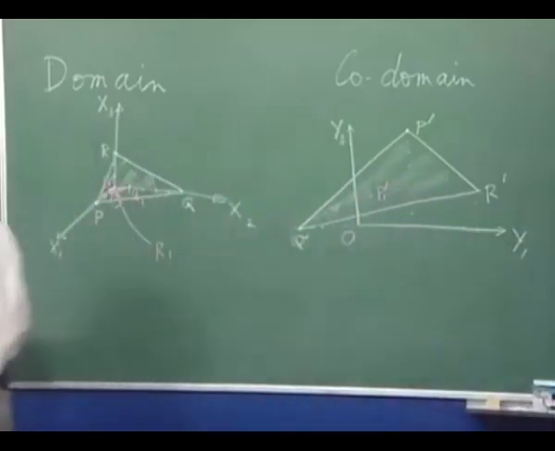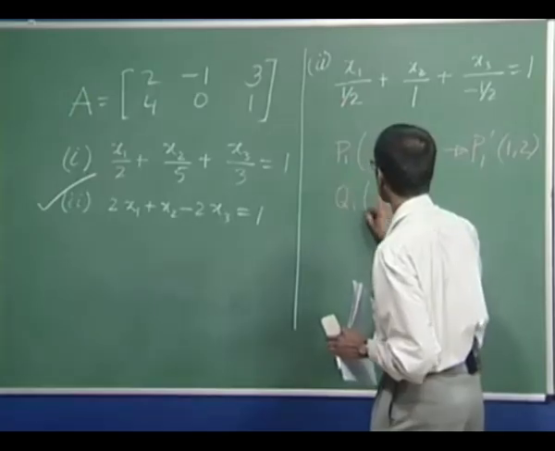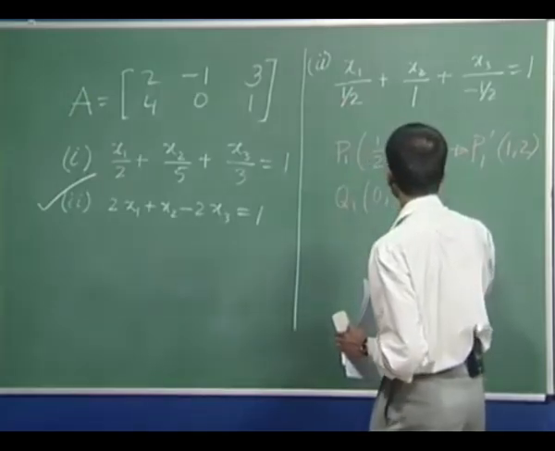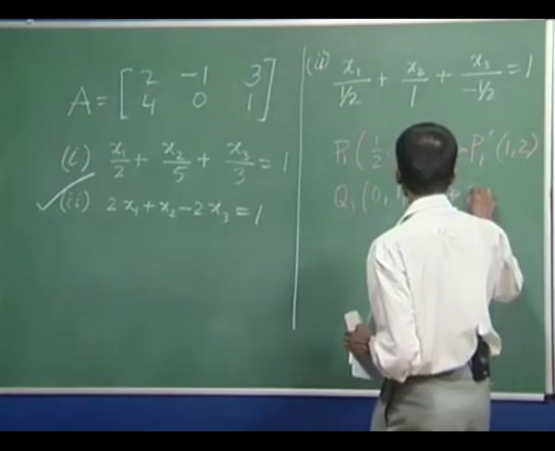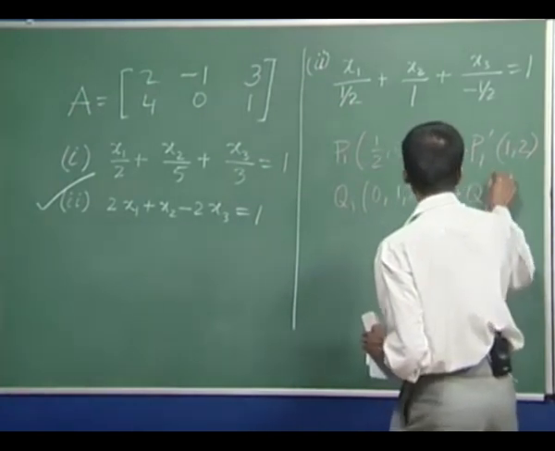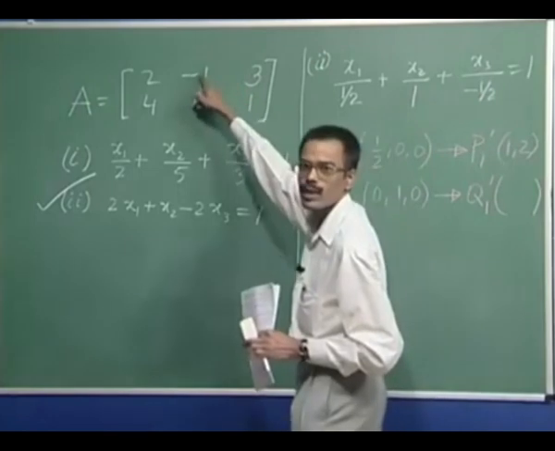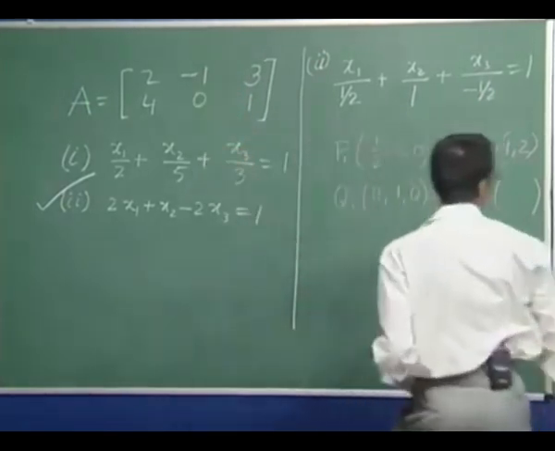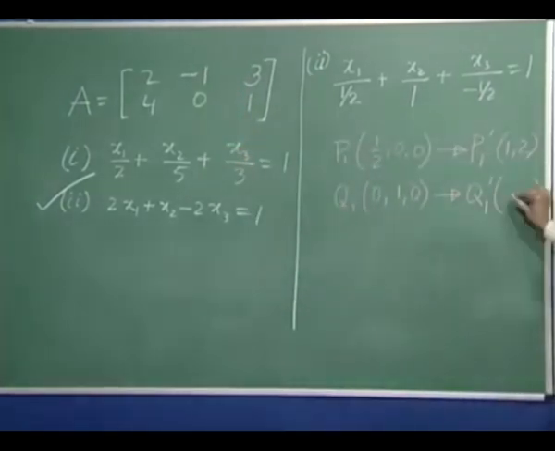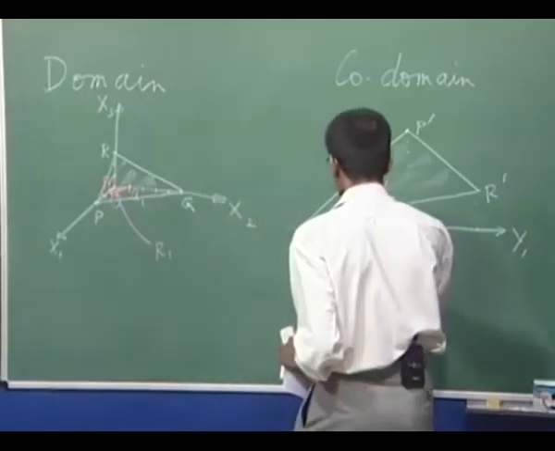Next, 0 1 0, that is Q1, will be mapped to Q1 prime, and that will be simply this vector minus 1 0, and we map it here, minus 1 0.